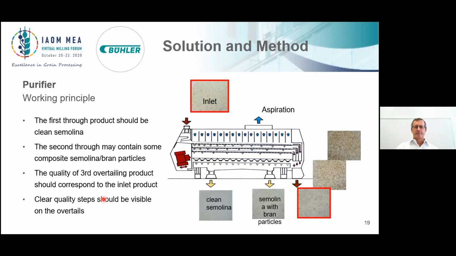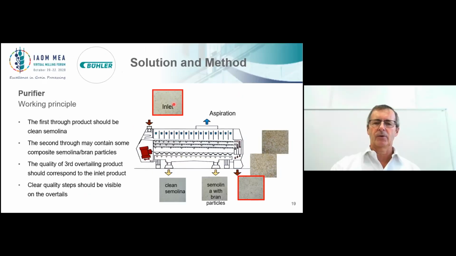Purifiers are key. When we look at the purifier, what is the starting point? It's the product coming to the purifier. What is important on the product coming in? 3 things. Always remember a clear granulation range. It must be a range, let's say from 1000 to 600 micron.